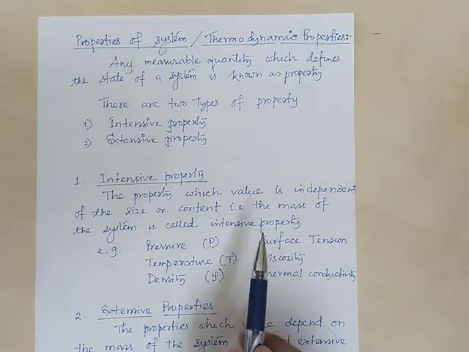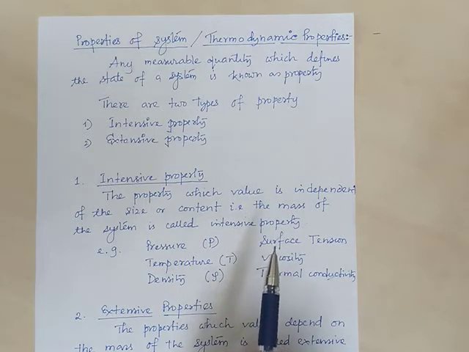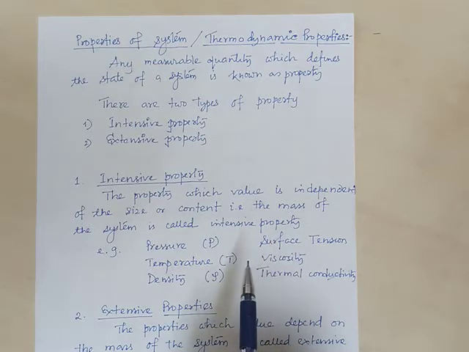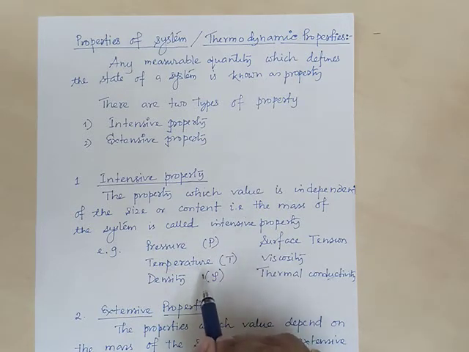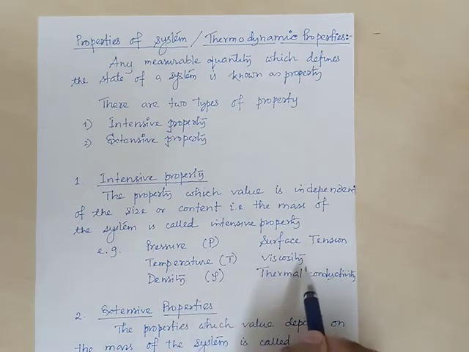Suppose the room where you are staying would have one pressure. If you enlarge your room, then the pressure value may not change. So that is the characteristic of that property: pressure, then temperature, density, surface tension, viscosity, thermal conductivity. All these properties are called intensive properties.